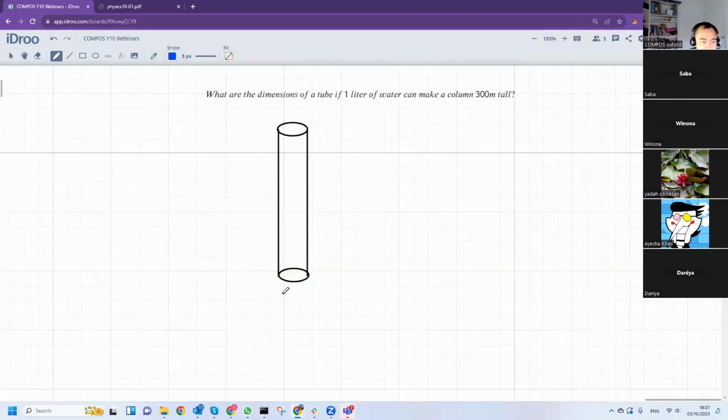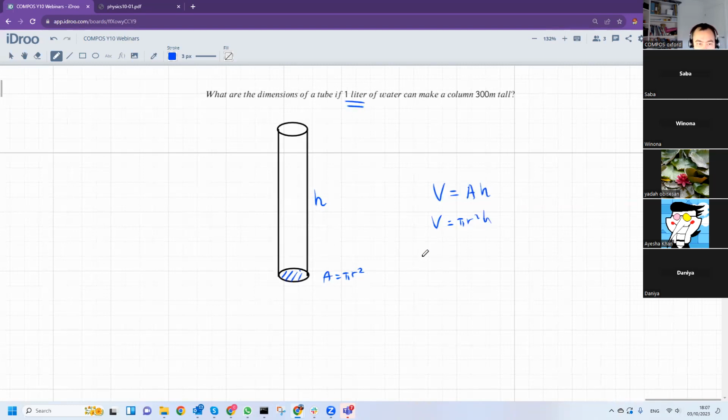We know the height of the cylinder, and we know the cross-sectional area. The cross-sectional area is pi r squared. And the volume of a cylinder is A multiplied by H. So the volume is pi r squared H. Therefore, the volume is given. We know that the volume is 1 liter.